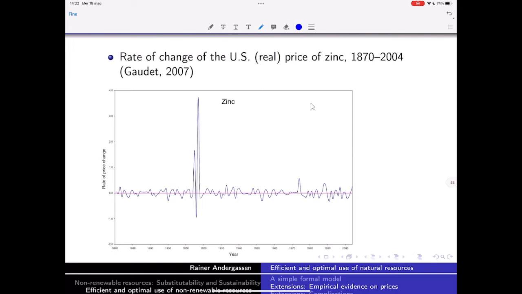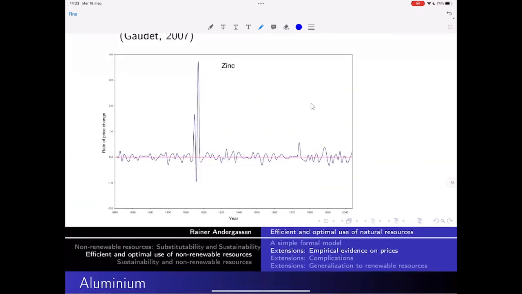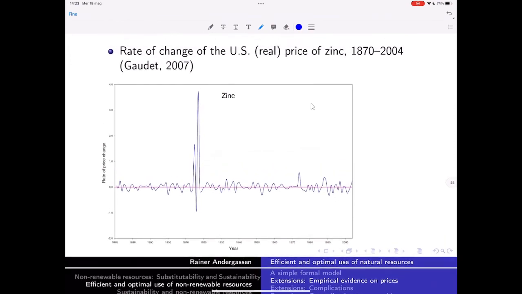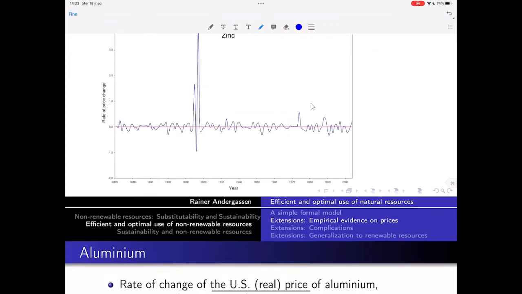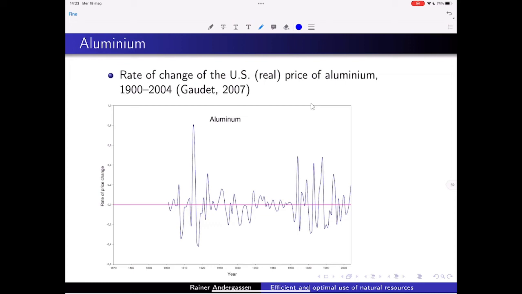Same story with zinc, same time period. Again, huge fluctuations around zero. What happened in that year? This is around 1915, so I guess it's related to what happened to the market around World War I. Aluminium, you see the same fluctuations around 1915, so I guess that's why, for inputs.